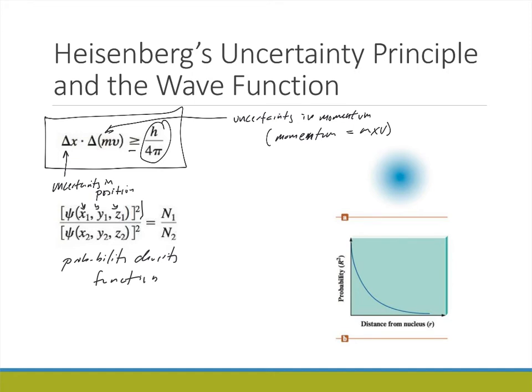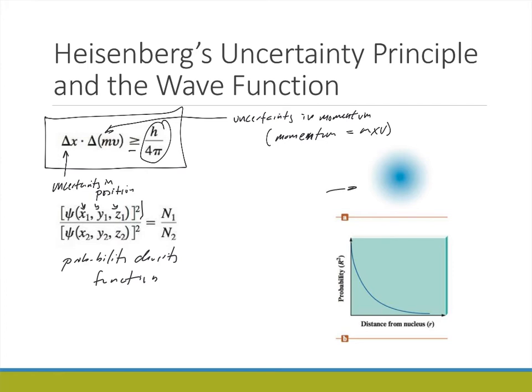And what is a probability density function? It's essentially a map. And when we square the wave equation, we get this map of where the electron could be. But we can't know exactly because of the uncertainty principle. So what we get is this beautiful little picture of a fuzzball.